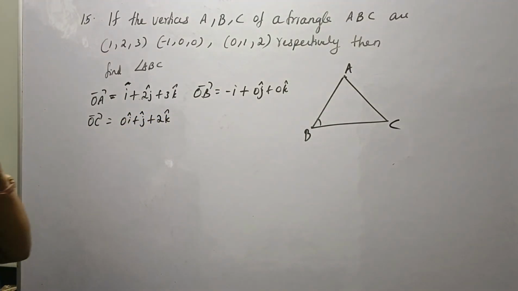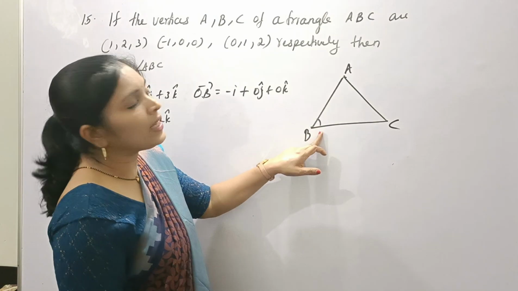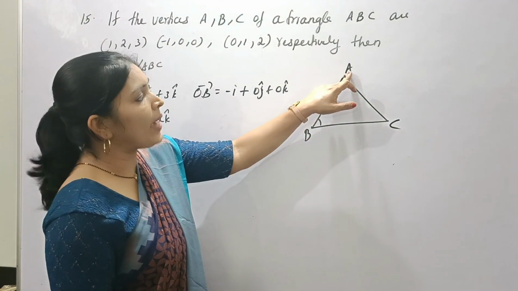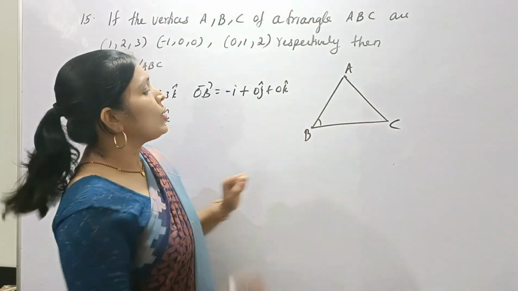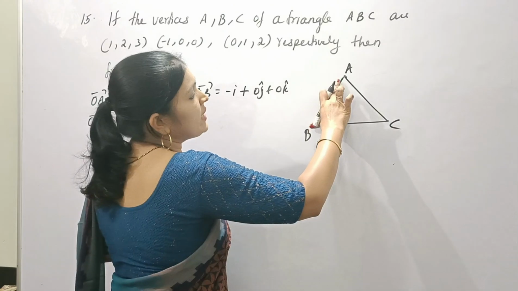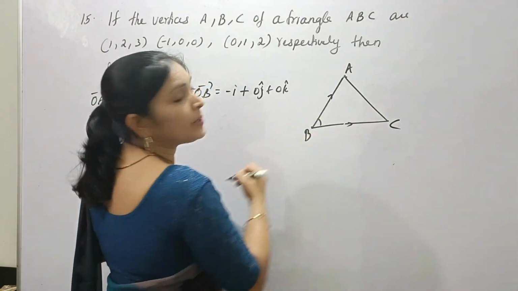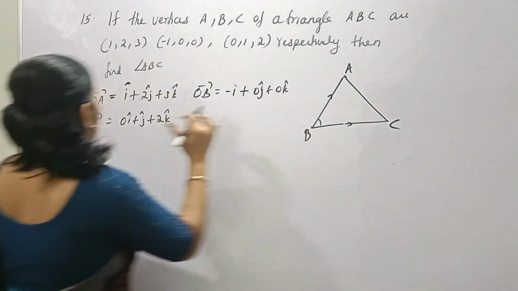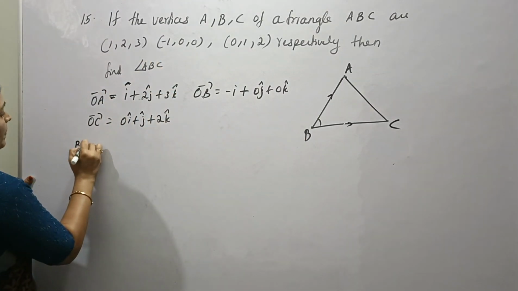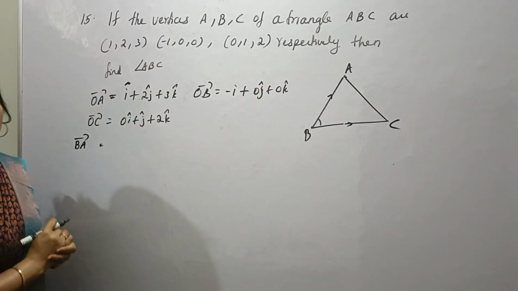Then we have to find the angle at B, that is angle ABC. So for that, let's find vector BA and vector BC. What is vector BA?